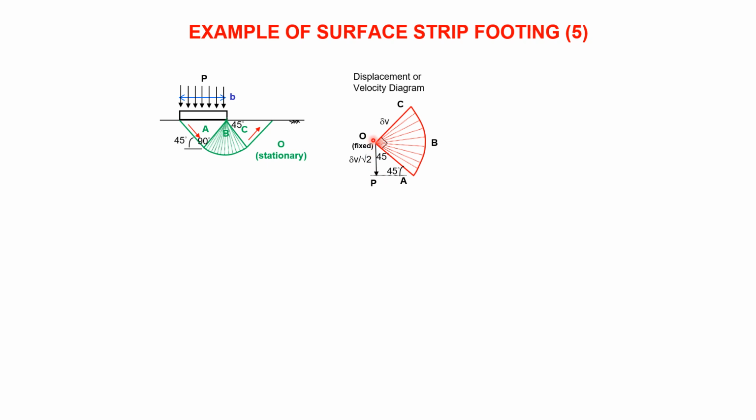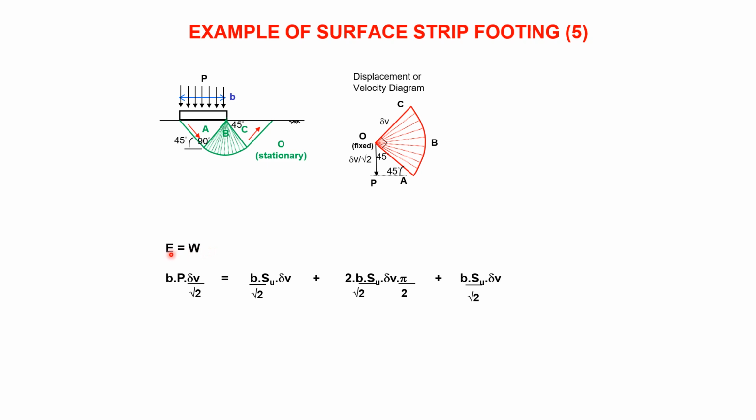A moves 45 degrees along that slip plane as always. It can only move the same vertical distance as P, as we keep saying. C moves 45 degrees upwards on that slip plane. There. The fan zone, just like it's got an infinite number of radii here, the fan zone is a circle on the displacement diagram with an infinite number of radii, just the same. Same geometry appearing here as here.